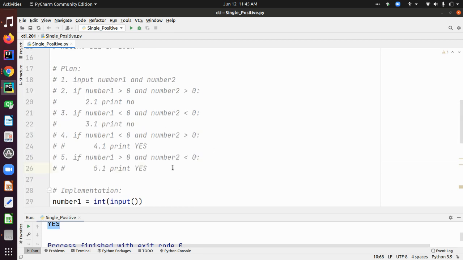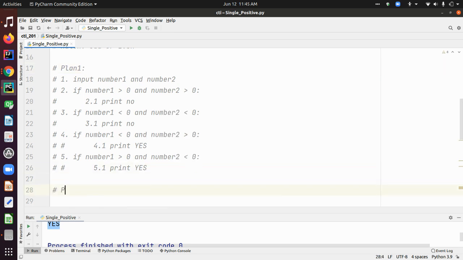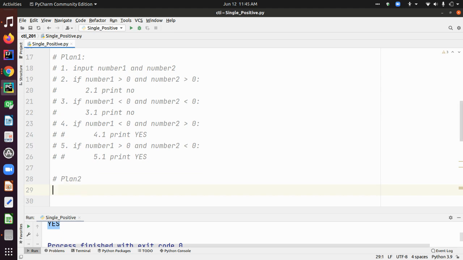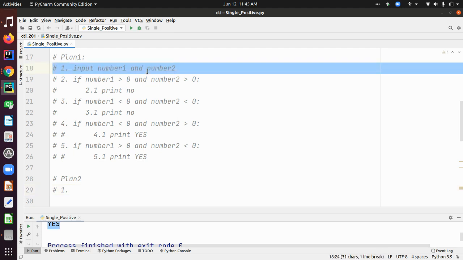So let's check that. I'm going to change my plan. This could be plan 1 and this could be plan 2. Step 1 is input, so I'm going to copy this line.